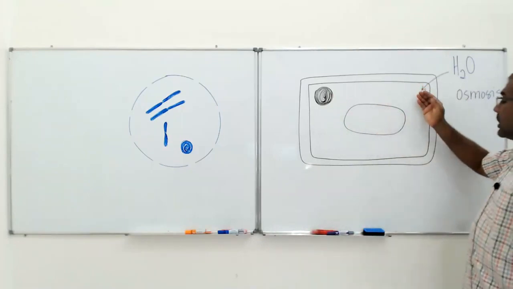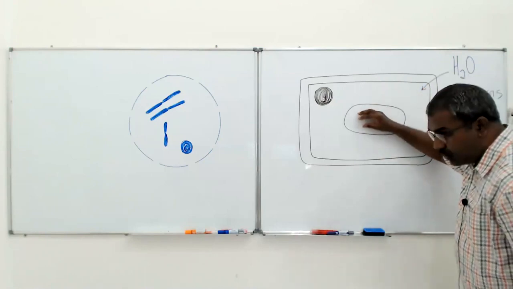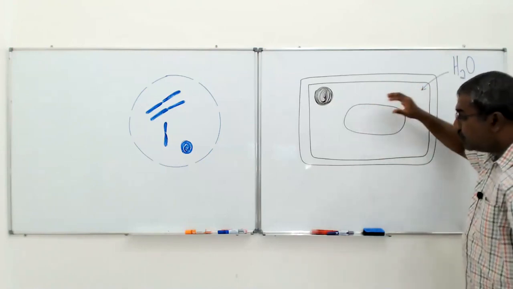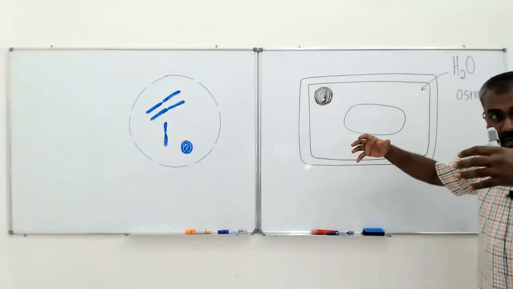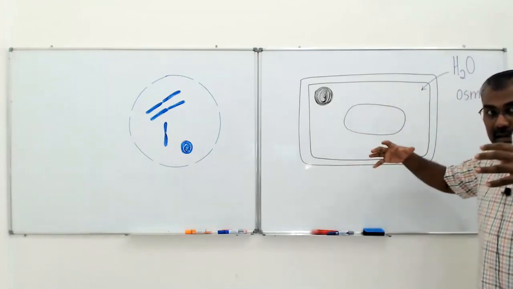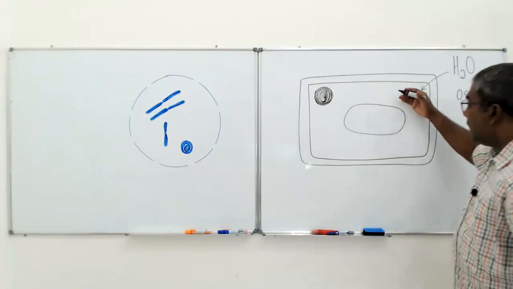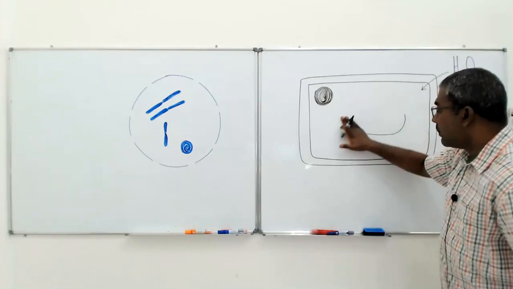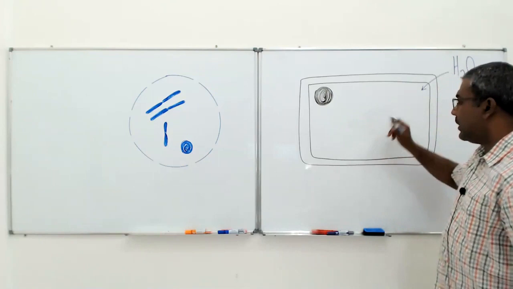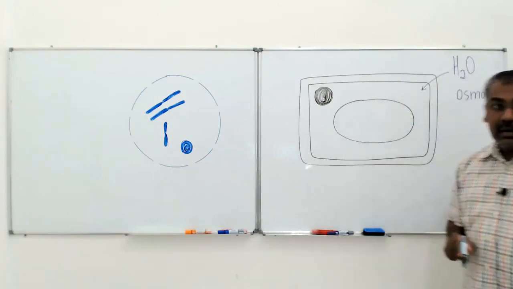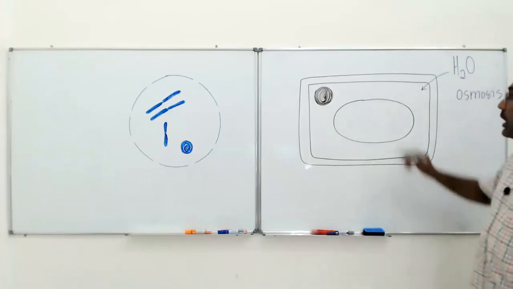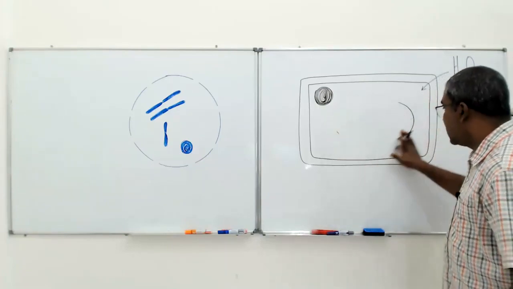So, bila air mengalir masuk ke dalam vacuole, as water diffuses into the vacuole, it will expand. Vacuole akan mengembang. Vacuole becomes bigger, expand. Lagi banyak air mengalir masuk, lagi besar dia akan jadi.